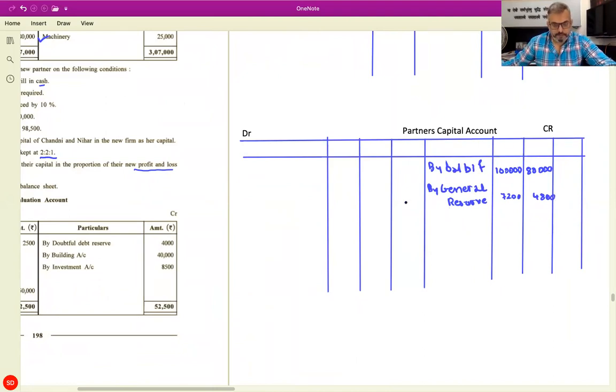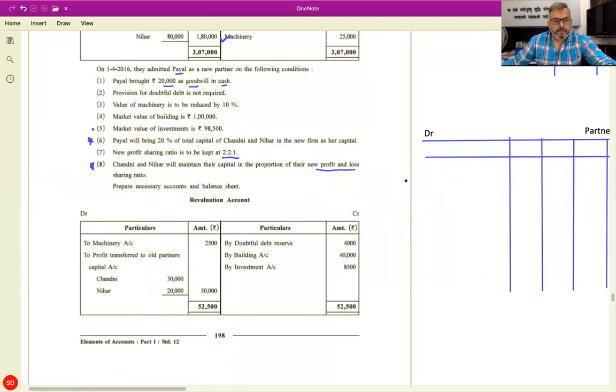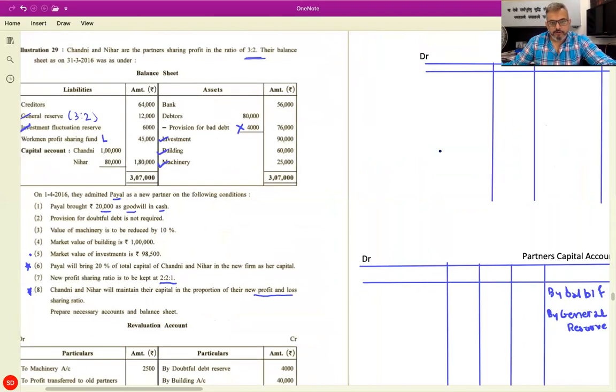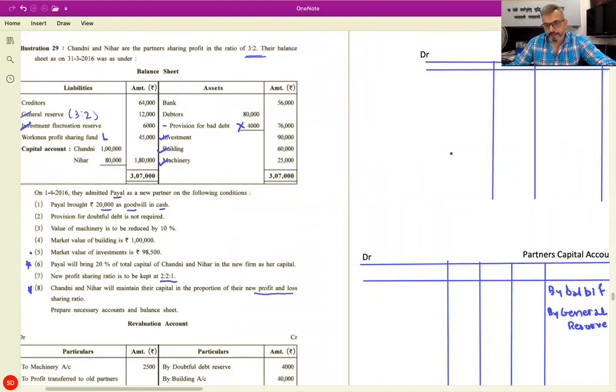Then investment fluctuation reserve 6,000, but we all know that it is going to be transferred to partners' capital account.